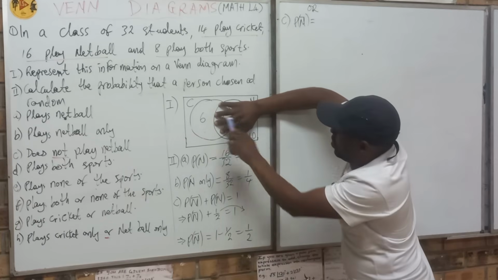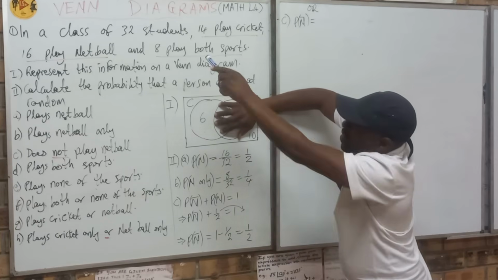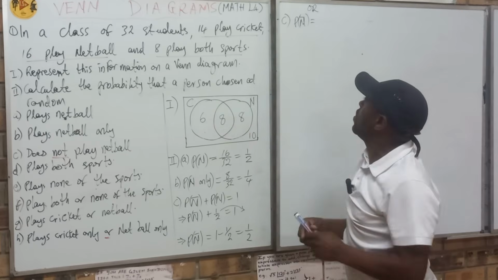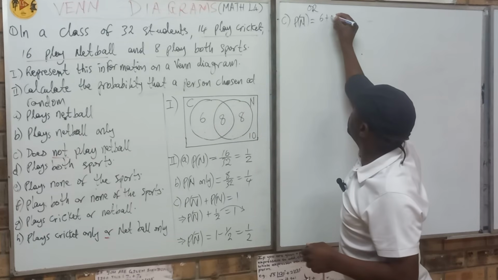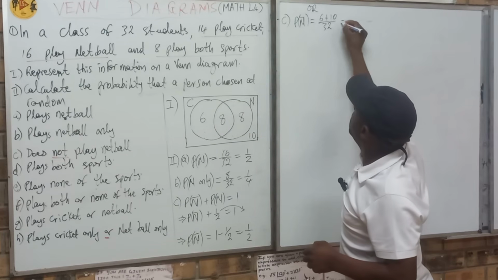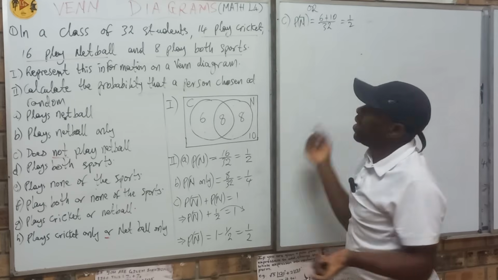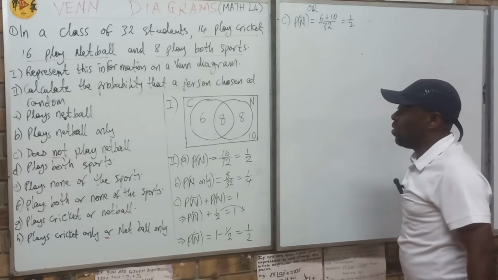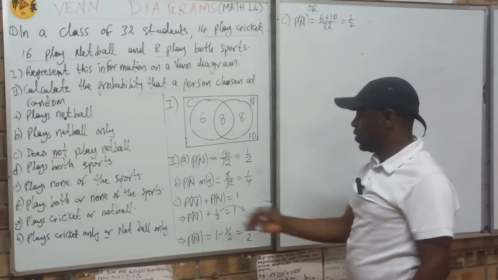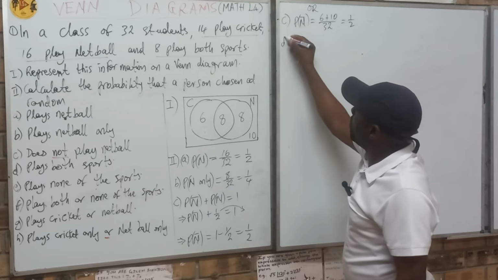So if you add those two numbers, you get 16 out of 32. That gives you those who do not play netball. So you can say 6 plus 10 out of 32, and that gives me a half. So that's how I can use my Venn diagram or use a formula to get the probability of those who do not play netball.